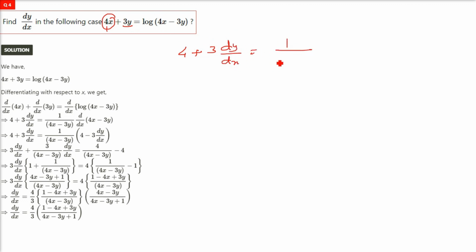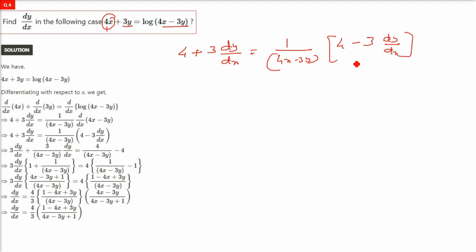Log x, log anything is 1 by that thing. So 1 by 4x minus 3y. By chain rule, we have to differentiate 4x minus 3y. So 4 dy by dx of x is 1 minus 3 dy by dx.